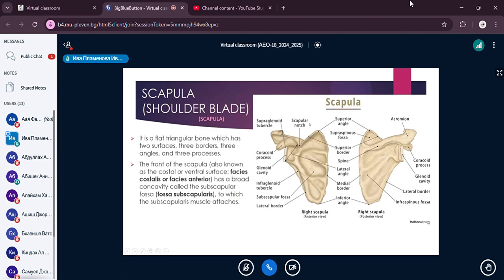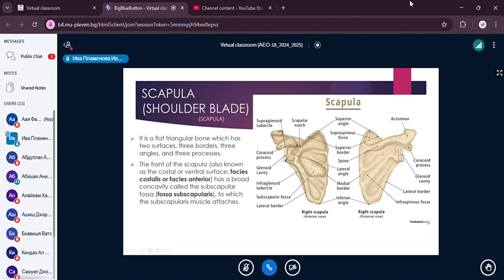The scapula is a flat triangular bone with two surfaces, three borders, and three angles. And of course, three processes. The front of the scapula is also known as the costal or ventral surface.